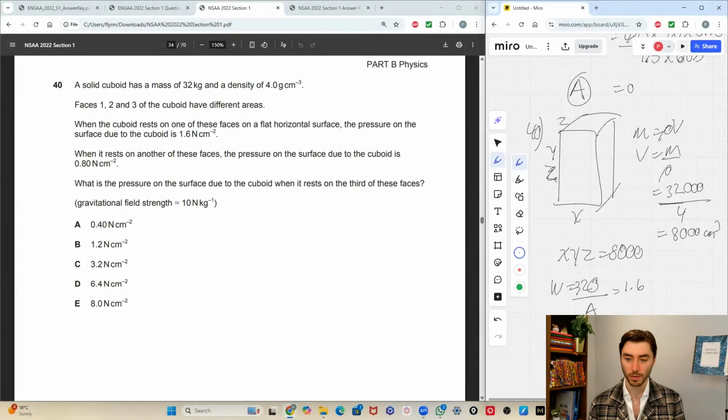Okay, so 320 over 1.6. Let's multiply by 10 first to make that 16 with a 0. That cancels for 2 is 200. So one of the areas is 200. So that means the other side length is going to be 40. So one of the side lengths is 40.